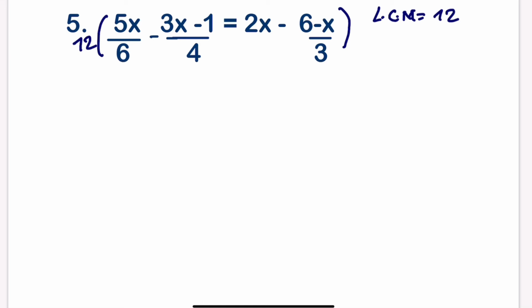So we do the same. If we multiply this times 12, 12 divided by 6 is 2, so we are going to have 2 bracket left with 5x, minus.